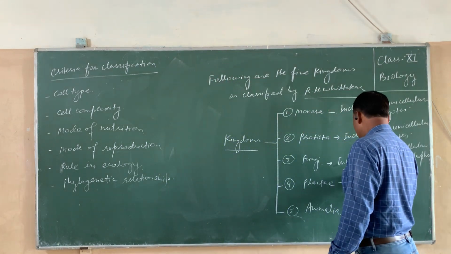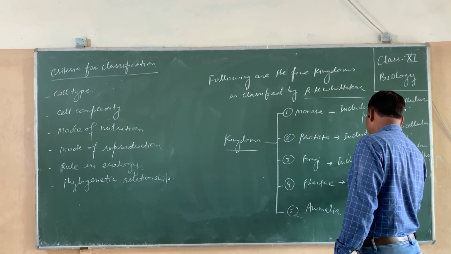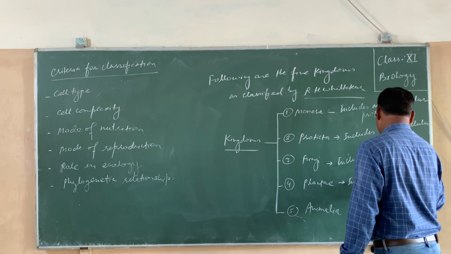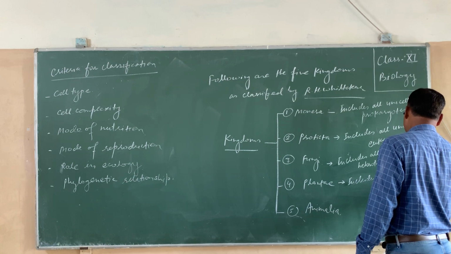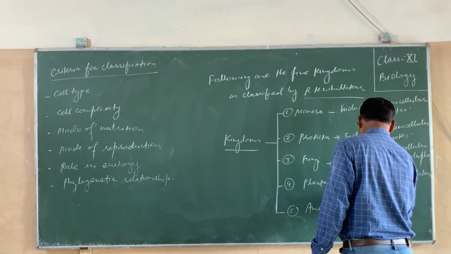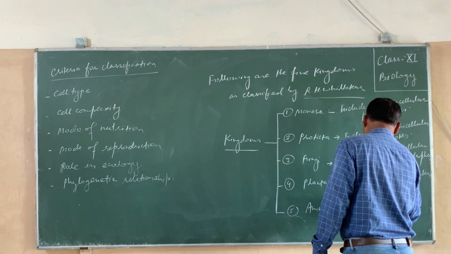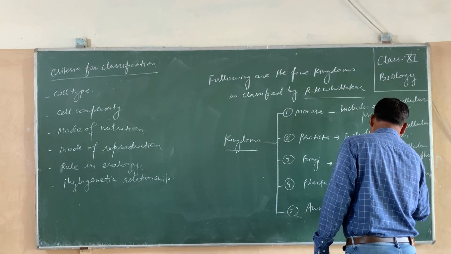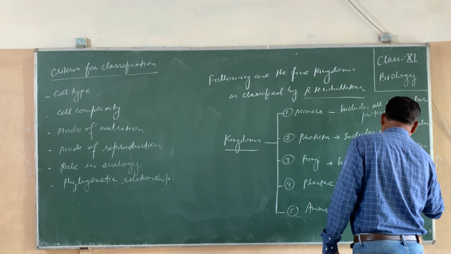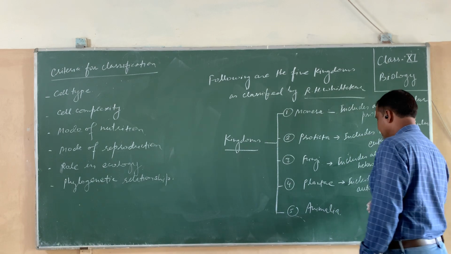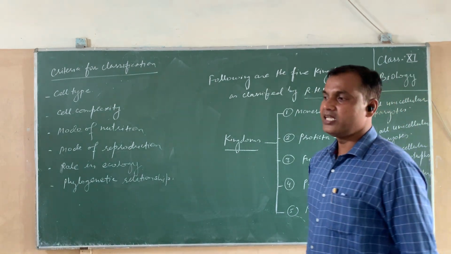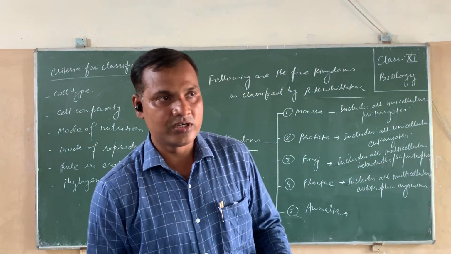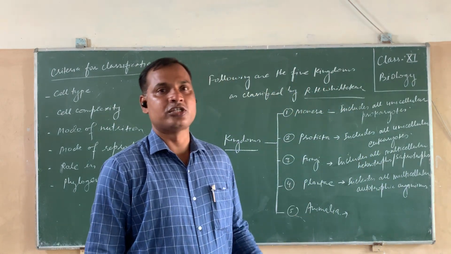So Plantae includes all multicellular autotrophic organisms. And the last, not the least, is kingdom Animalia. This kingdom Animalia includes all multicellular, eukaryotic, heterotrophic organisms.